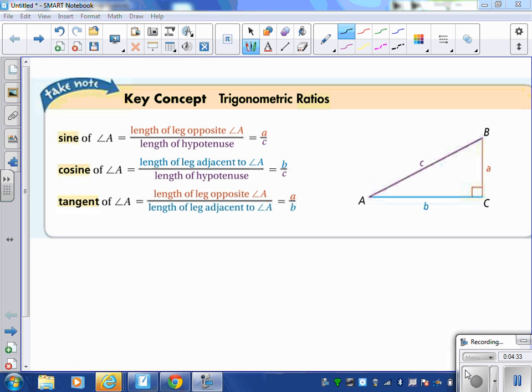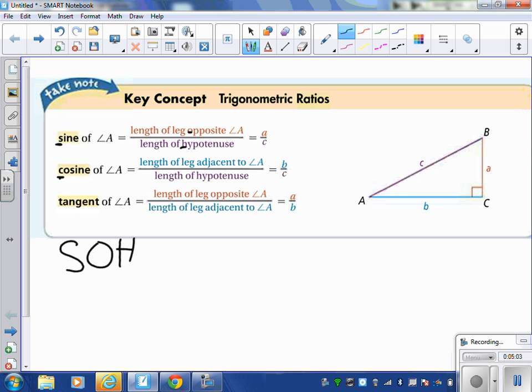A trick to remembering what these formulas stand for: you can remember SOH-CAH-TOA. What I mean by that is you take the first letter, S for sine, with O for opposite, and H for hypotenuse. That's what the formula is for sine, opposite over hypotenuse.